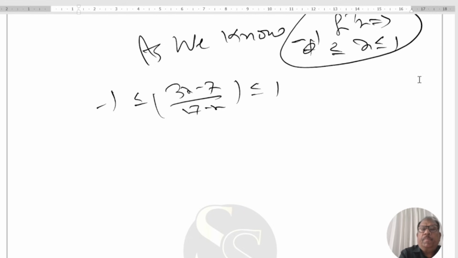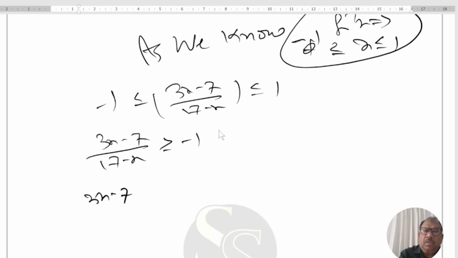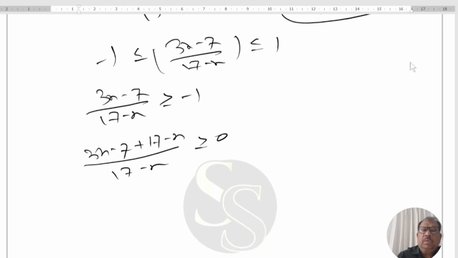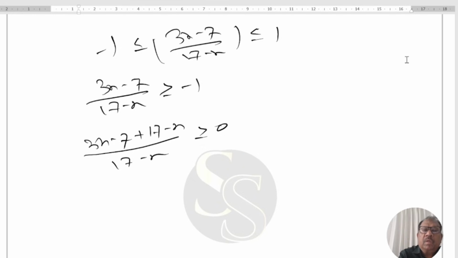Take them one by one. (3x minus 7) upon (17 minus x) plus 1 greater than or equal to 0. So shifting, (3x minus 7) plus (17 minus x) upon (17 minus x) greater than or equal to 0. Then this comes out to be (2x plus 14) upon (x minus 17).